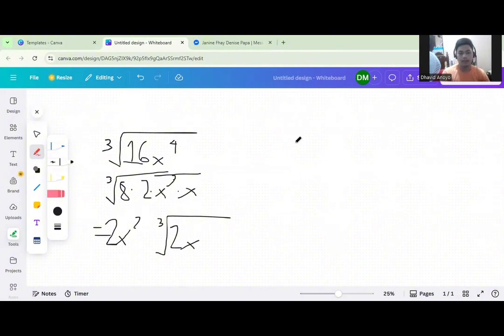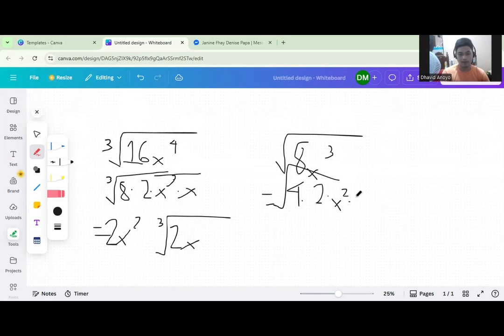Next, let's say the square root of 8x cubed. So that's 4 times 2 times x squared times x. And then the square root of 4 is 2, and the square root of x squared is x, so we have 2x square root of 2x.